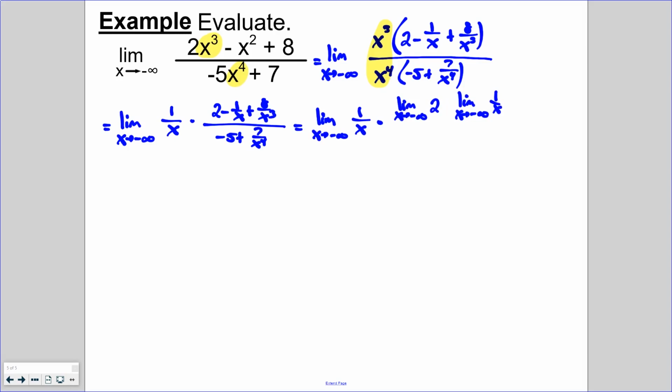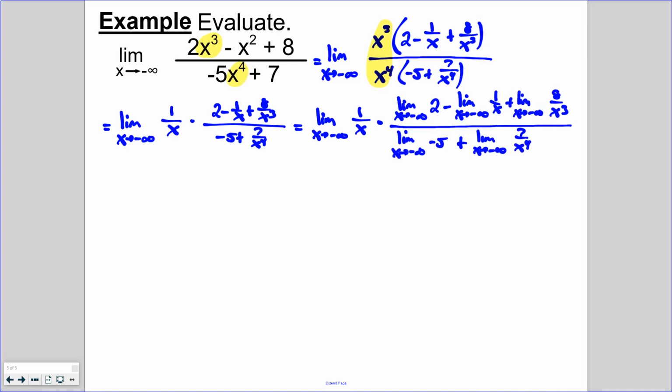This should be a minus sign. And then plus the limit as x approaches negative infinity of 8 over x cubed. That's all going to be over the limit as x approaches negative infinity of negative 5 plus the limit as x approaches negative infinity of 7 over x to the fourth.